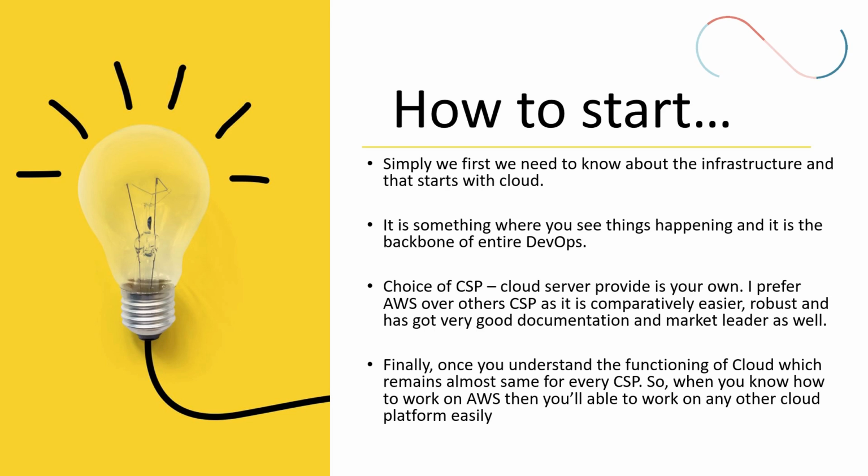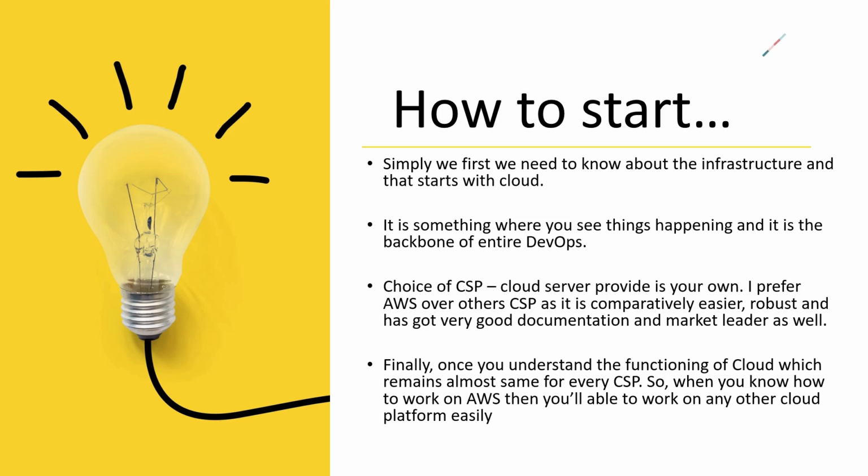DevOps, because your infrastructure stands on the cloud, and you can work on any cloud. The choice of CSP, that means cloud service provider, is your own. You can choose Azure, Google, AWS, Alibaba, IBM Cloud or anyone. But I find AWS easier and more robust, and most important, it has very good documentation.